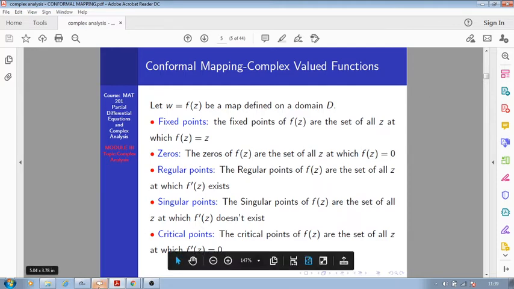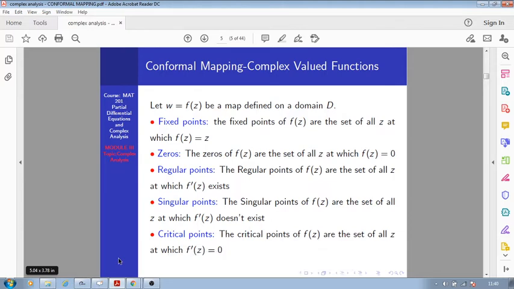Whenever you discuss a map, you first discuss these points, the zeros, regular points, critical points, and proceed to find the image of lines parallel to the axis.